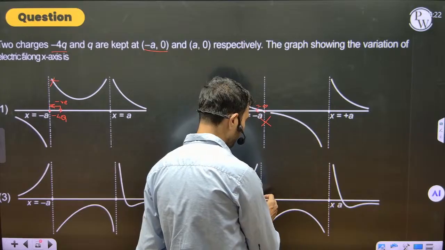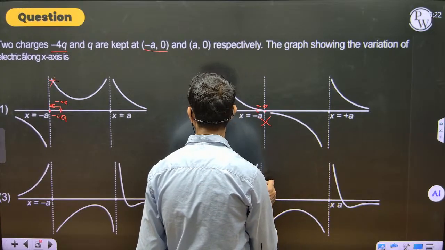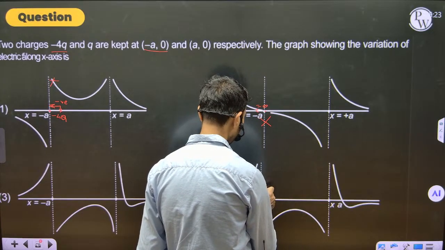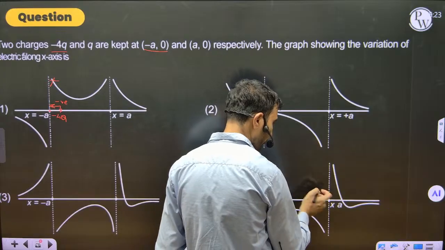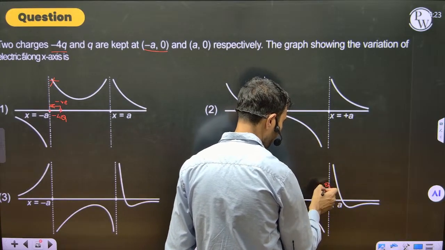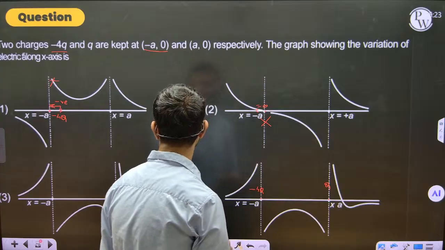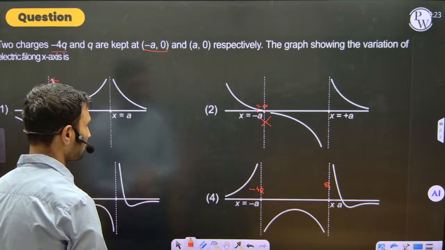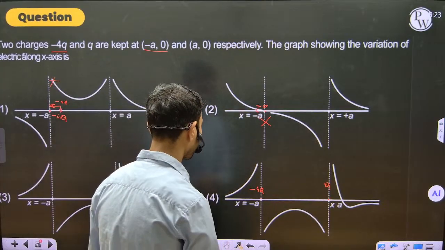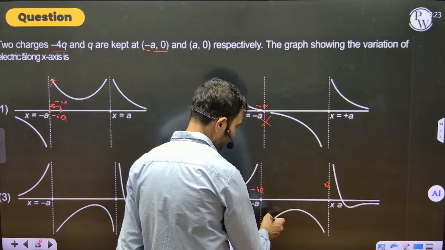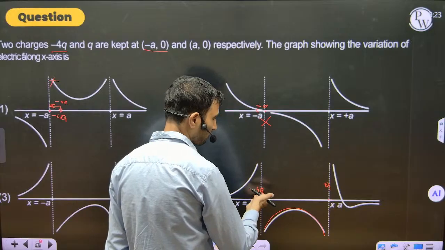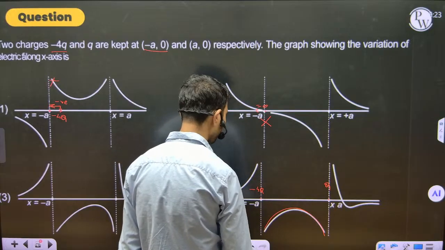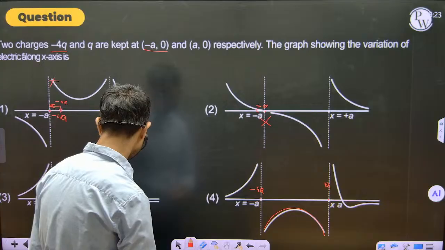This graph is symmetric, but it can't be symmetric because you have minus 4q and q, right? So you can't have a symmetric graph. Minus 4q and q is there. There has to be non-symmetry, right? So this makes more sense.